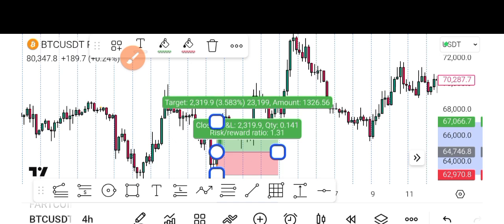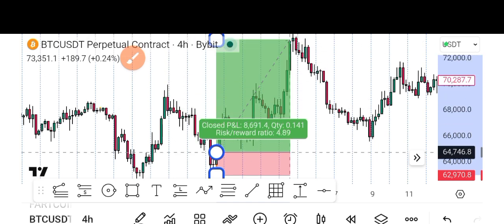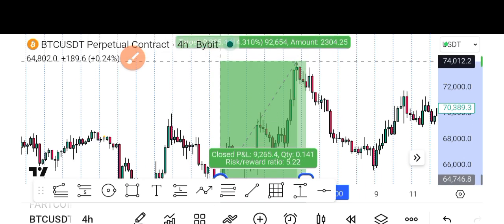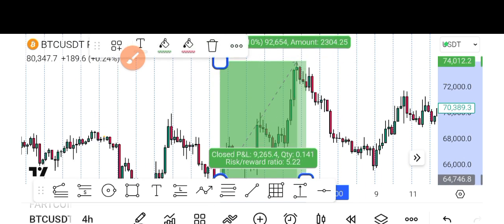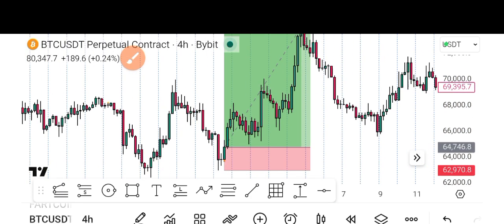Adjust my stop loss, and then I drag it. Almost 5.22, 1:5. You see, and it cut our TP there.